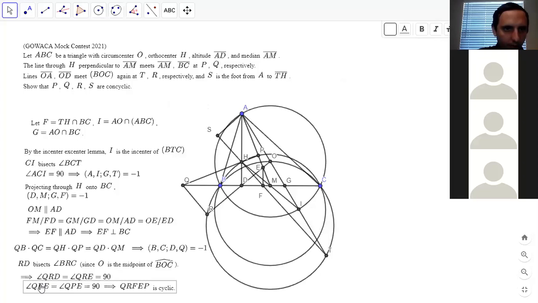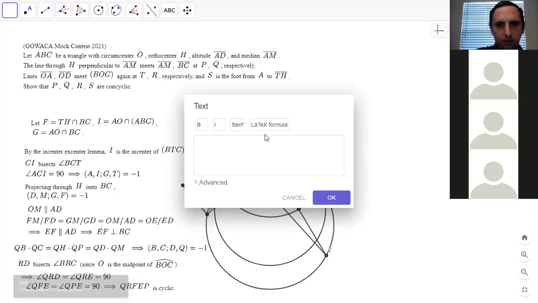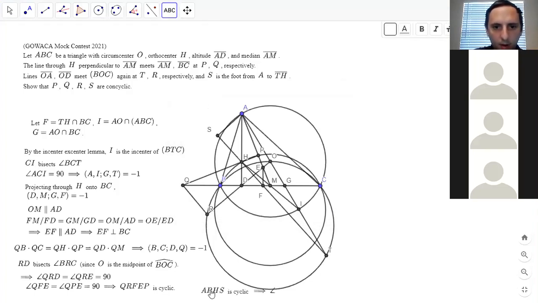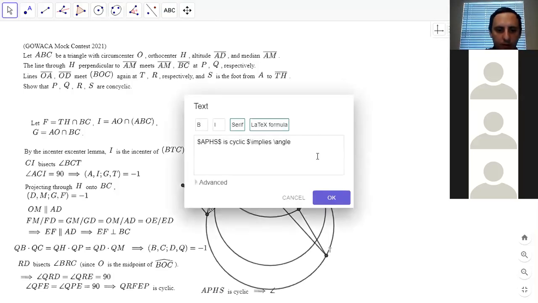So I'll just finish with that angle chase. So we know that APHS is cyclic. So that means that angle SPQ is SPH.